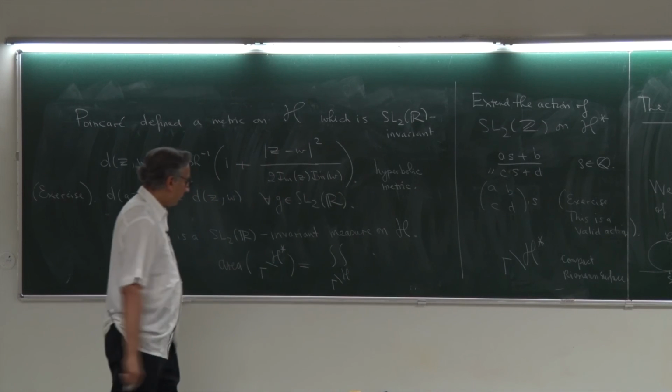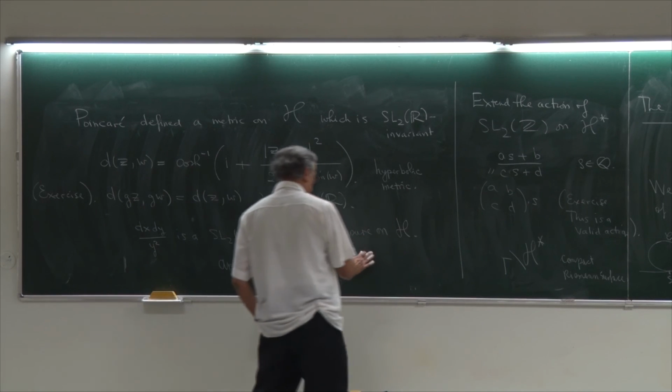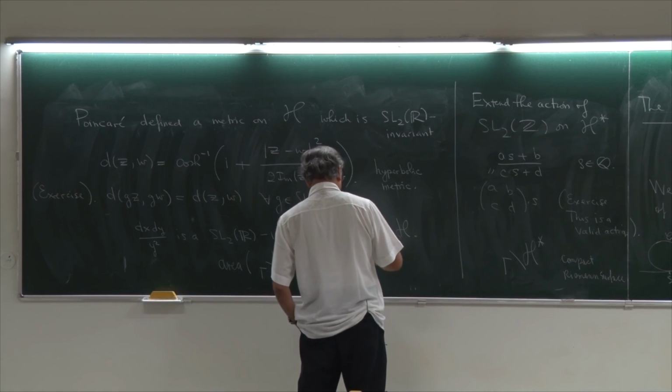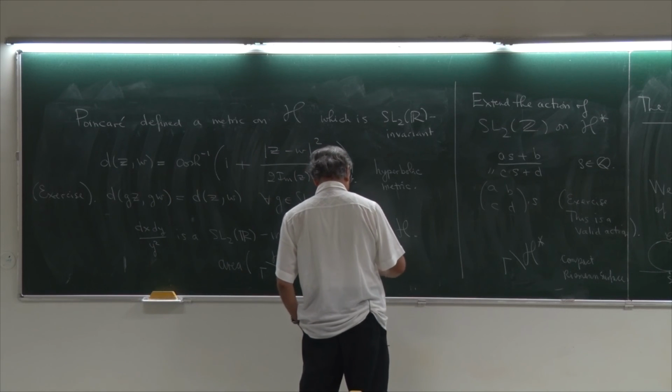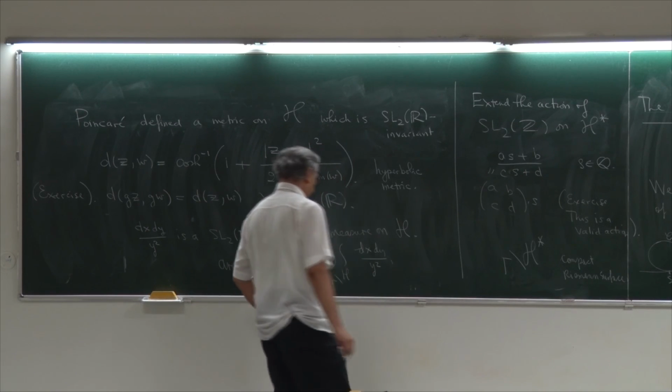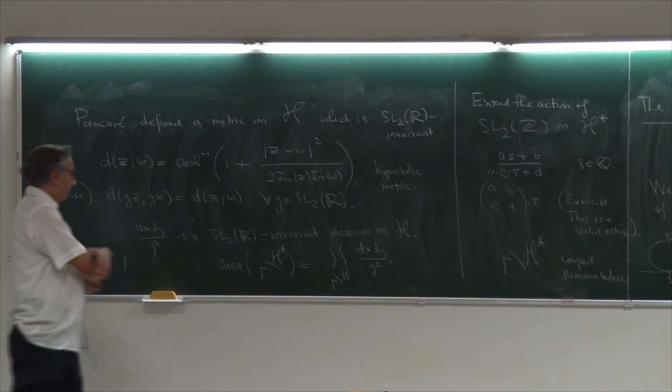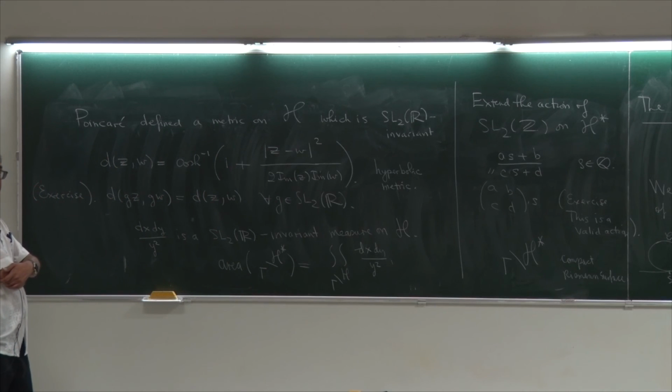The cusps are a zero measure quantity anyway, so you get this. So this is the area of the fundamental domain.